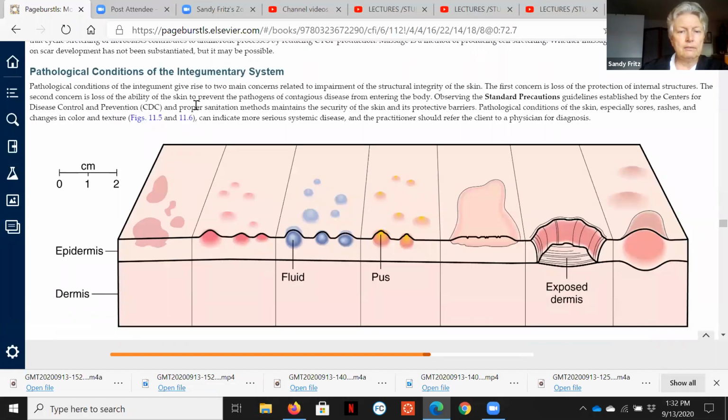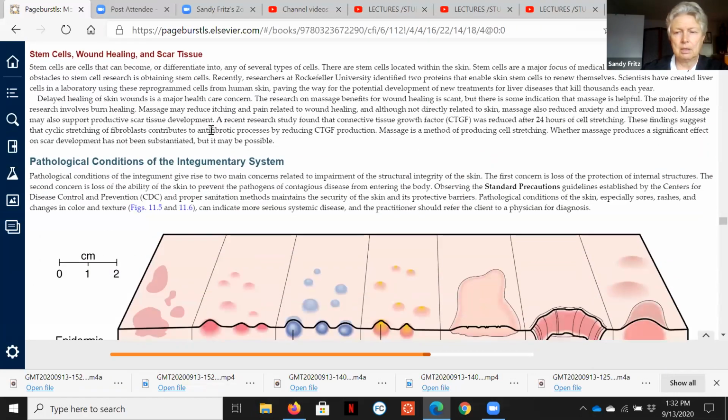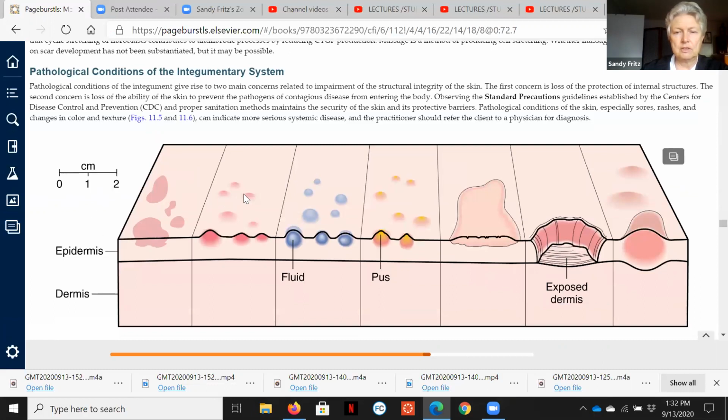And there are a lot of conditions that show up on the skin. And these conditions can be contagious or not. And so we have to have some sort of an idea with it.